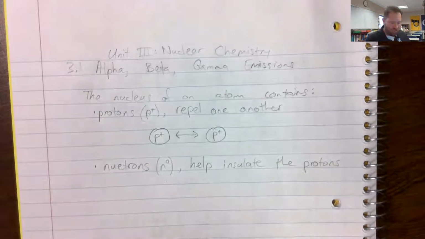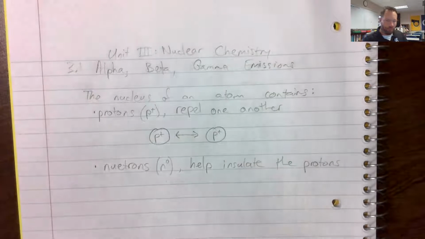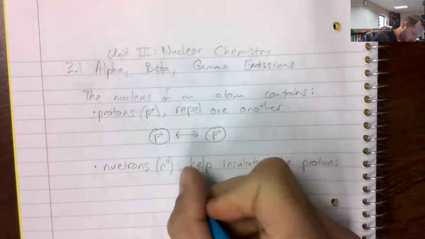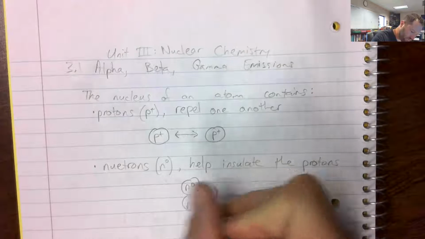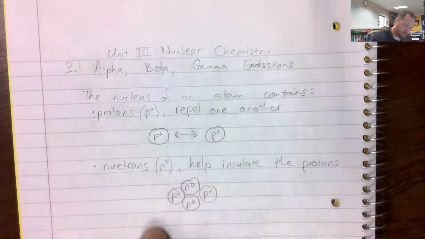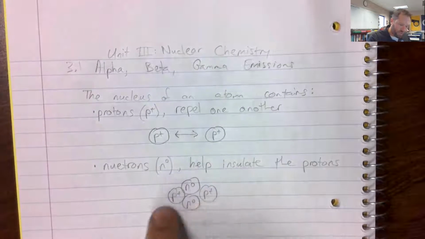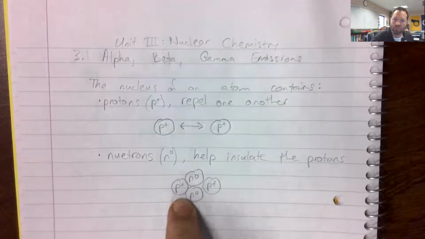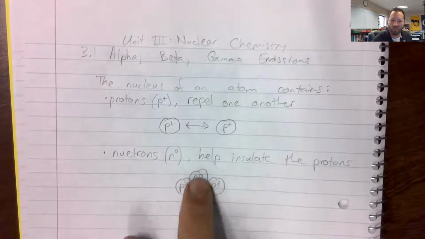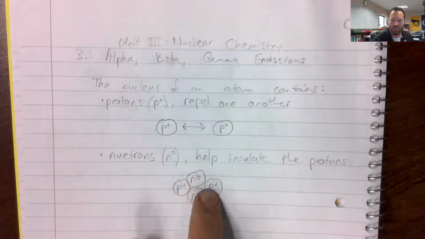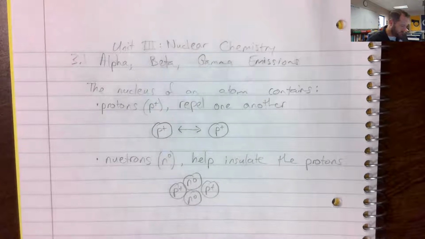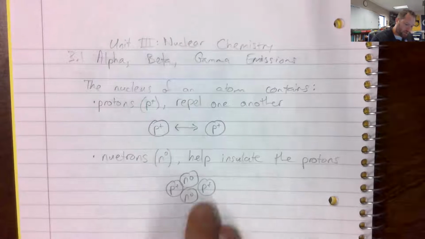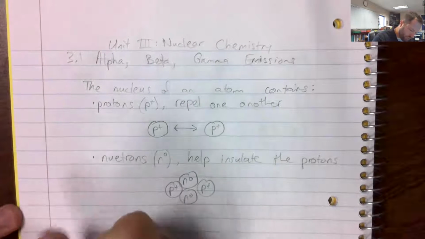They also kind of act as a force to keep everything bound together. And that's how our nucleus stays together, despite the fact that it's all positive charges in there. So here's our nucleus. And again, those positive charges do not repel so much when you've got these neutrons in between them. And there's a kind of force between the neutrons and the protons holding them all together. All right, so that's all pretty much a review. We've worked at that.